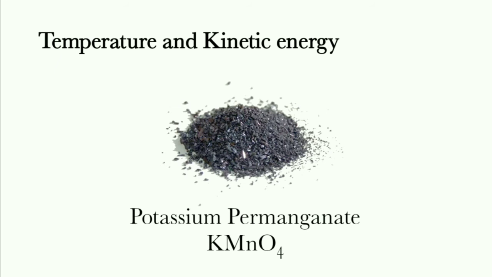Take 2 tumblers with equal quantity of water but of different temperature, and now sprinkle this potassium permanganate into the 2 tumblers.